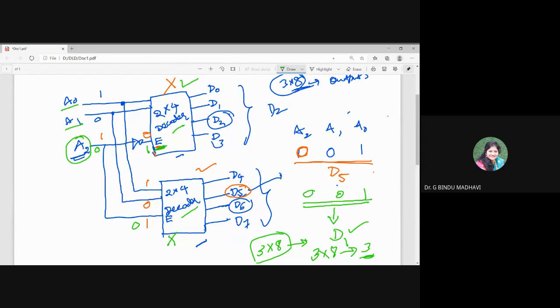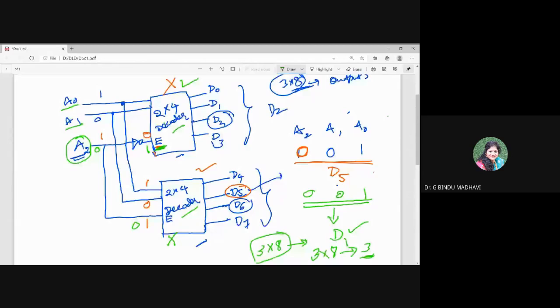One will be supplied as it is and another will be supplied by inverting, and these will be connected to E. If enable equal to 1, then that circuit will work. Is it clear for everyone? Yes, ma'am.